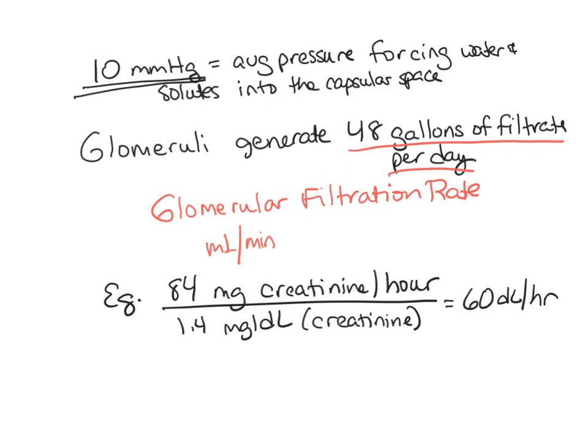And 1 deciliter per hour is equal to 1.67 milliliters per minute.